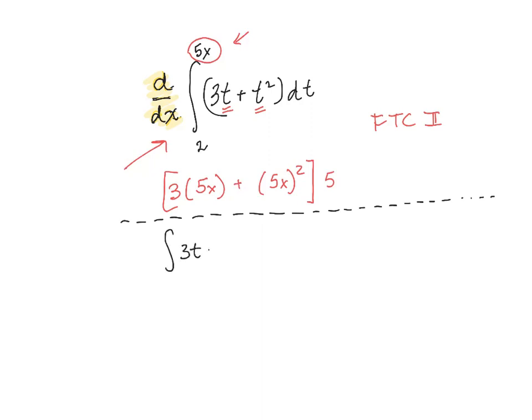integrate first, from 2 to 5x dt. So we know how to do that. It's 3 halves t squared plus 1/3 t cubed from 2 to 5x.